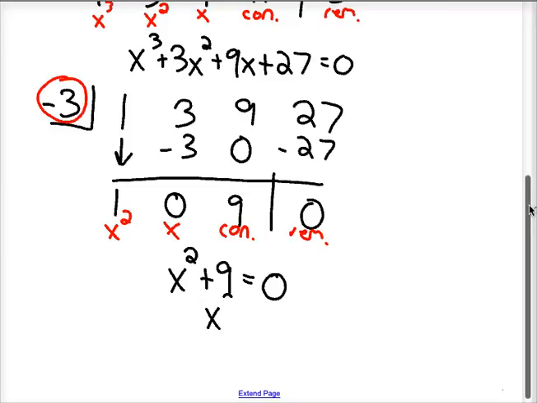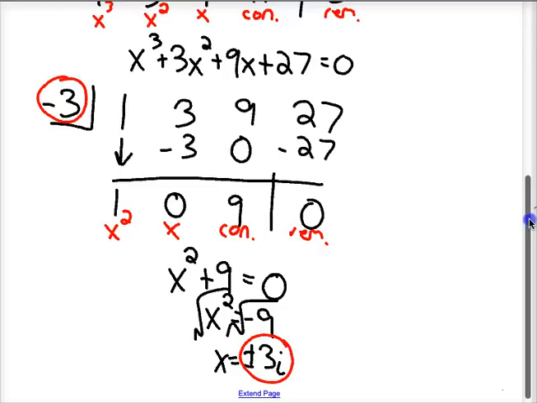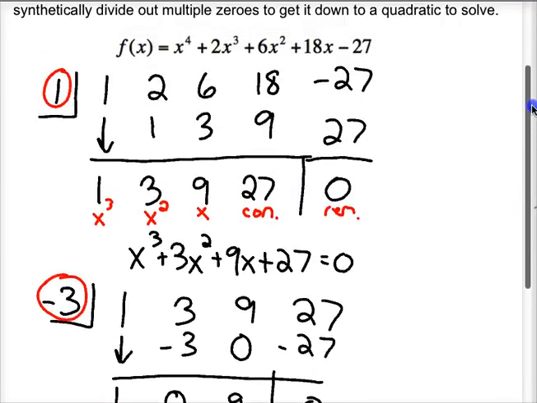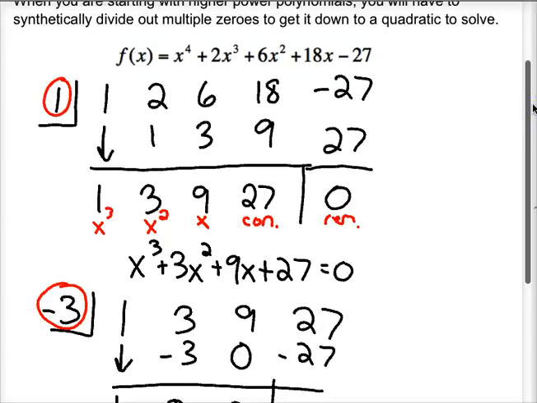So I'm going to subtract the 9, square root both sides. That'll give me plus or minus 3, but because the 9 was negative, I'm also going to get an i there. So plus or minus 3i. So if you think about it, this time I started with a quartic function.